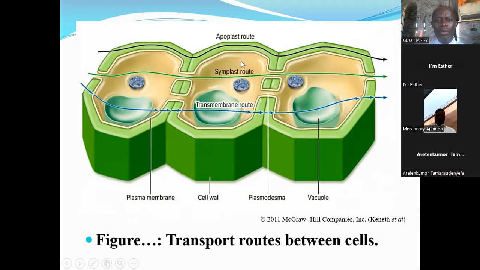And in the symplast route, the water moves through the cytoplasm of the cell, through the plasmodesmata from one cell to another. Then the transmembrane route is when the water moves through the plasma membranes of cells and across the membranes of vacuoles. So the water moves through the membrane and even enters the vacuoles, and it's transported in this way.